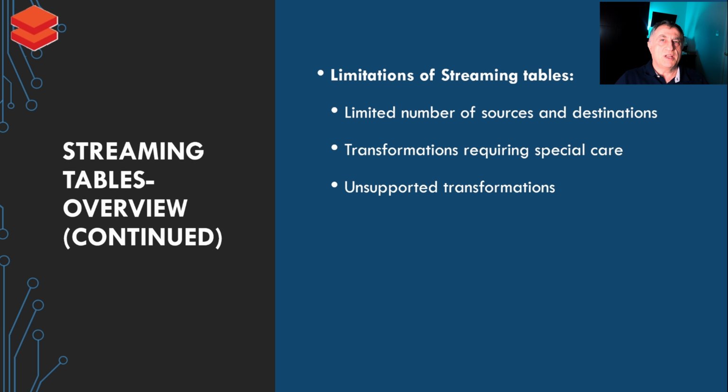In terms of limitations of streaming tables, there are only a limited number of sources and destinations from which you can read or to which you can write from streaming tables. For example, you cannot create a streaming table pipeline from databases, for example, Microsoft SQL or Oracle. Likewise, you cannot write to these tables using streaming technologies.